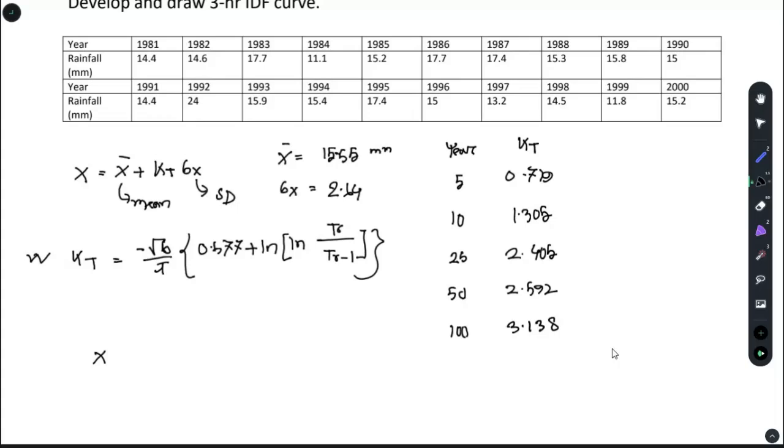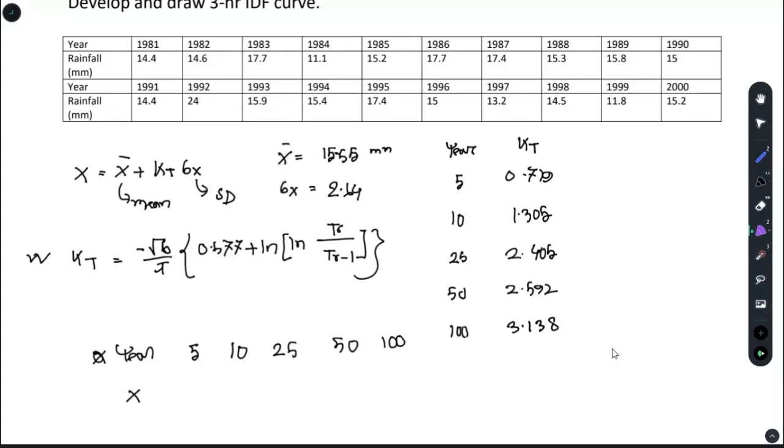I can write it here: year, and here X. So we find it for 5 years, 10 years, 25 years, 50 years, and 100 years.